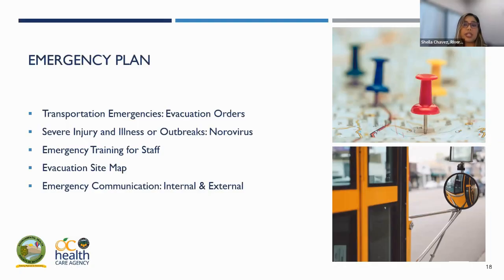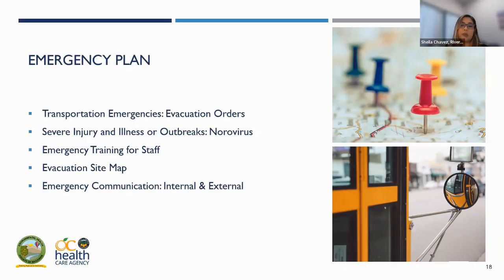First, camps should have written procedures for transportation emergencies and evacuation orders. And this includes clear evacuation routes, transportation plans, camper and staff accountability procedures, and communication protocols with parents and emergency responders.